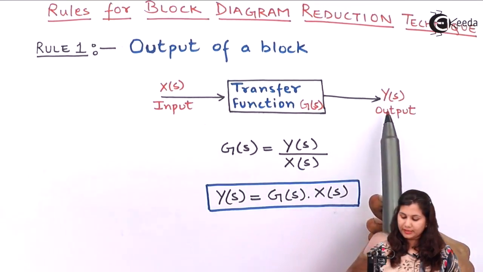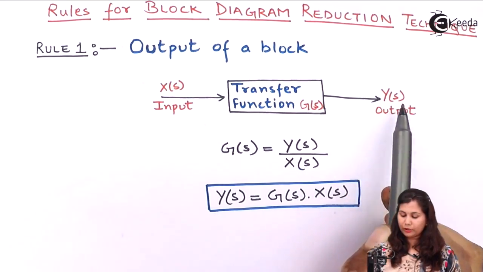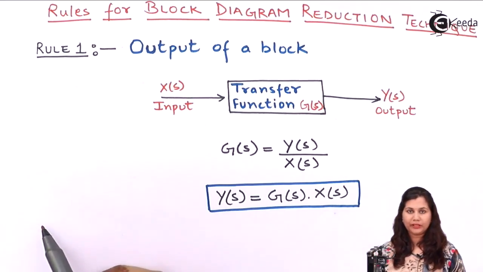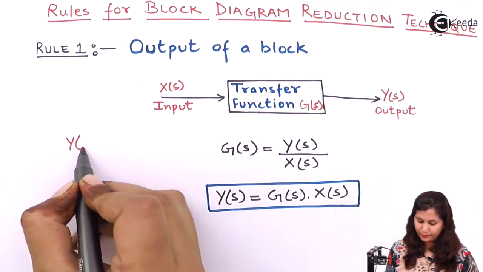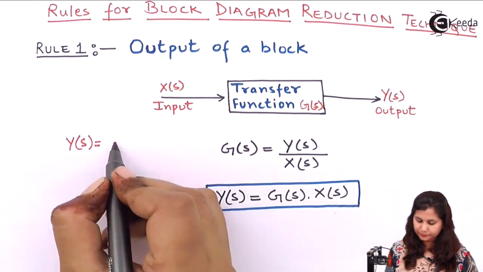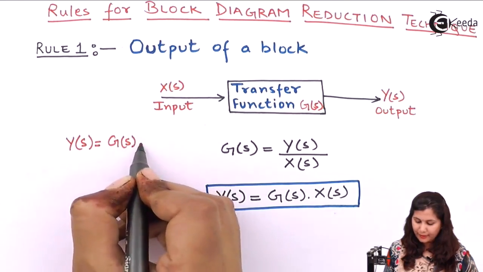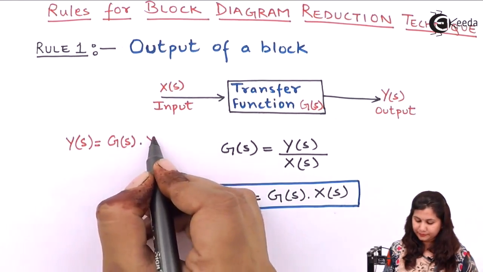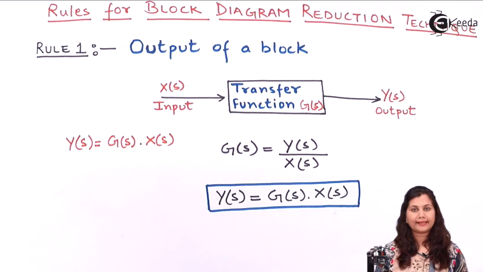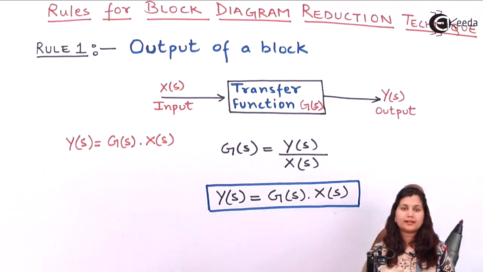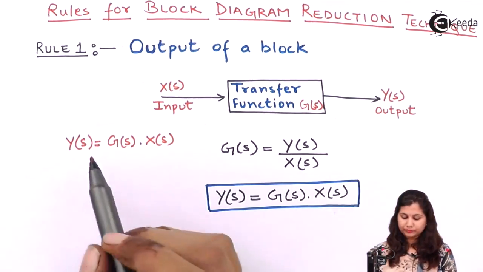So if we find the equation for Y(s), it will be equal to G(s) multiplied with X(s). So this is the output of a block.